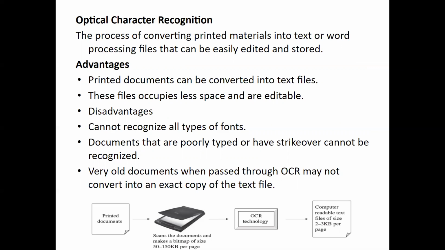The text files generated via OCR can be stored in different formats, right? So in short, OCR is a process which converts printed material into a text or word processing file.